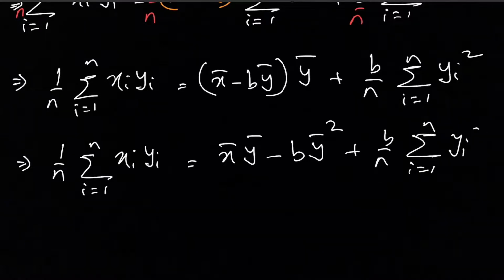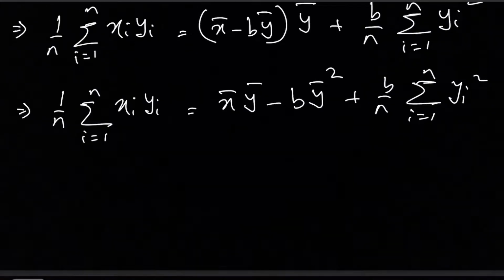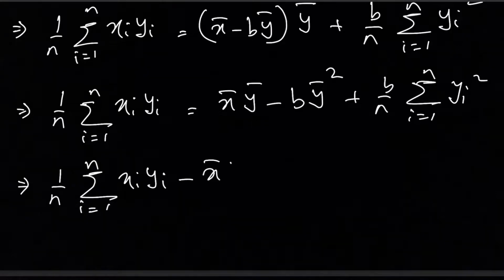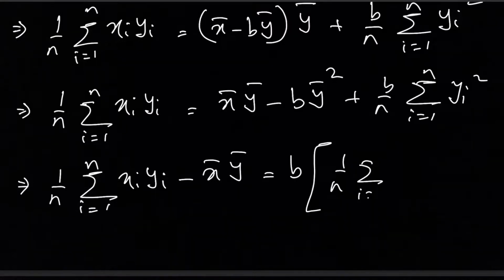Now rearranging it a bit, taking this towards the left side and rearranging this part, we get 1 by n summation i is equal to 1 to n xi yi minus x bar y bar is nothing but, taking b common, 1 by n summation i is equal to 1 to n yi square minus y bar whole square.